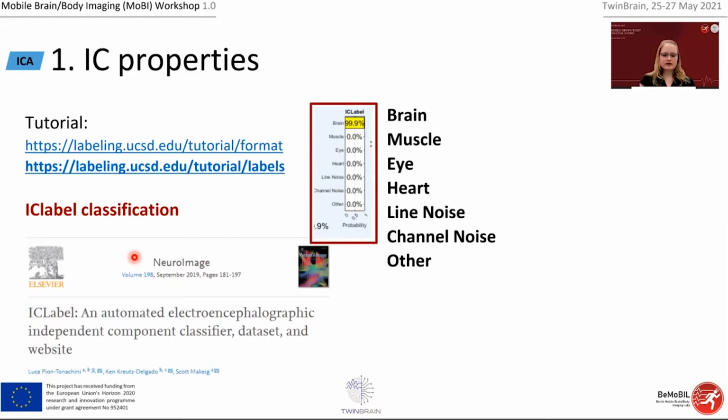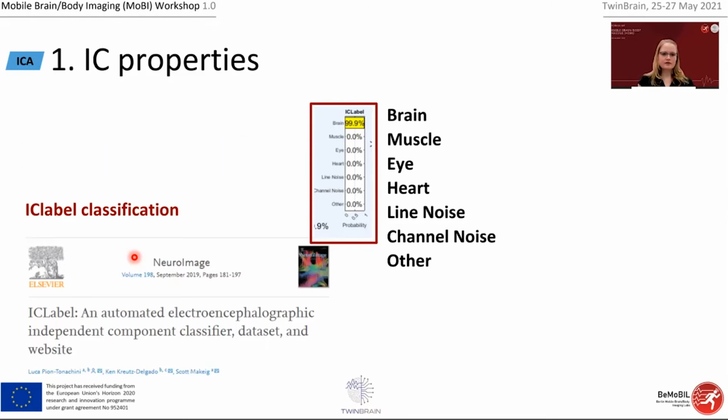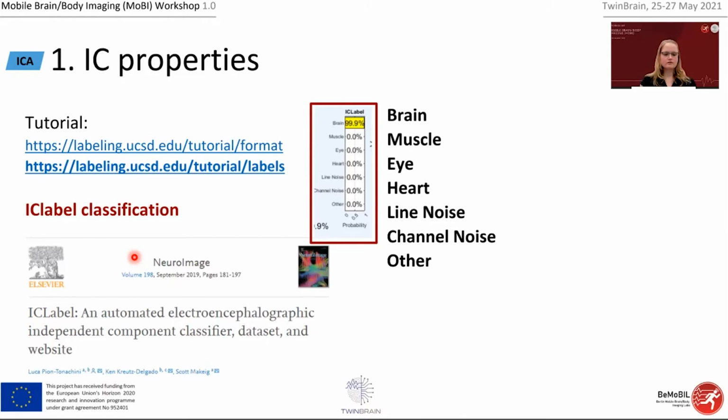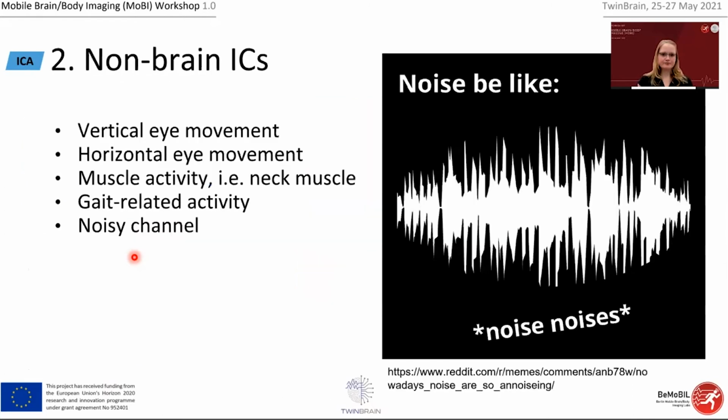Good. So now we had this walk through the whole, I would say, 6 properties. And now I'm going to start in the next step, where we're going to look at the non-brain independent components first, and then also add 2 independent components representing brain activity.